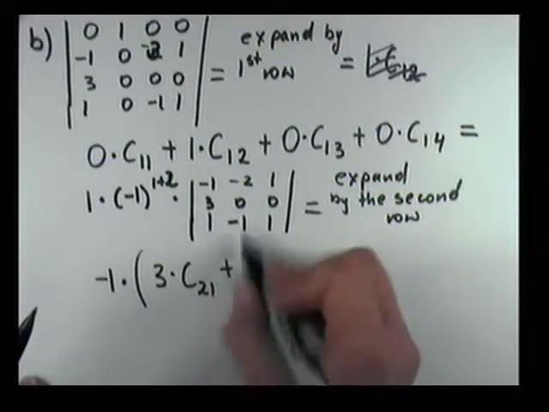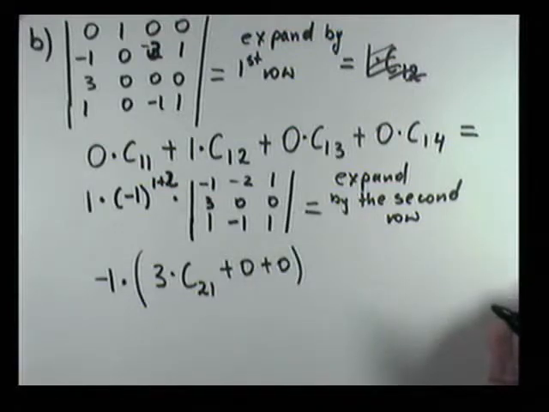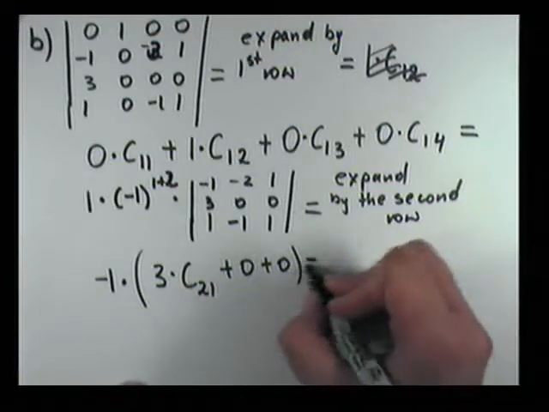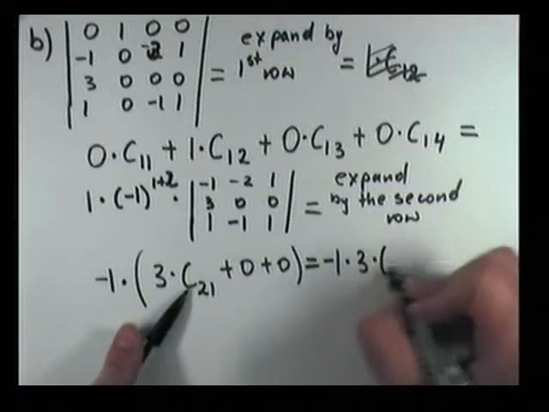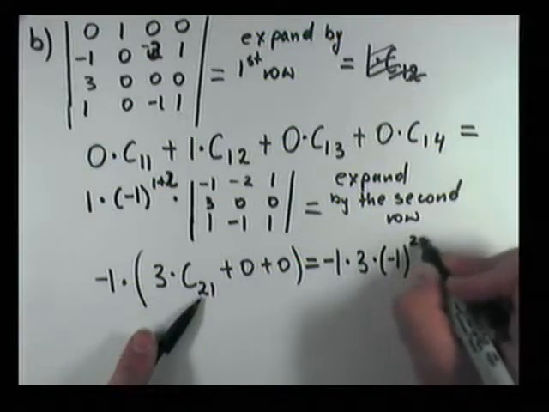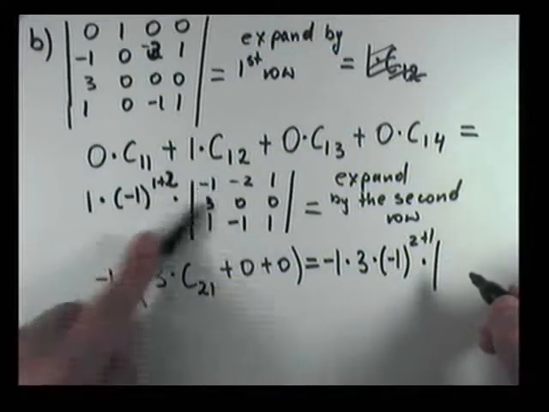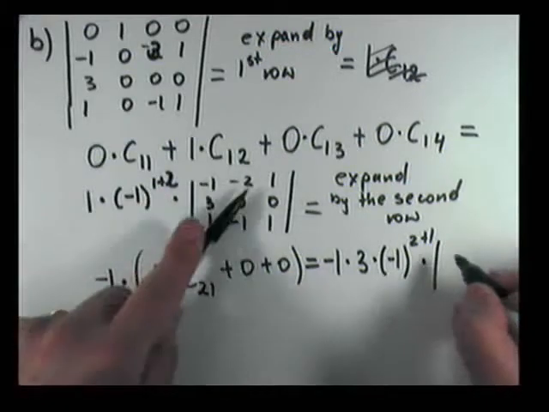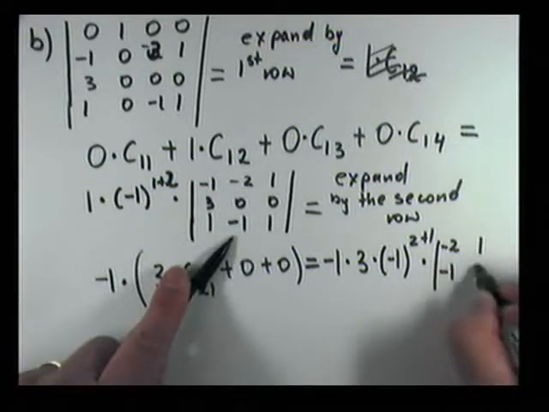And then it would be plus 0, plus 0, so we don't bother with the rest. So we have minus 1 times 3 times the cofactor, minus 1 to the power 2 plus 1, times delete the second row, first column. So what's left? Minus 2, 1, minus 1, 1.